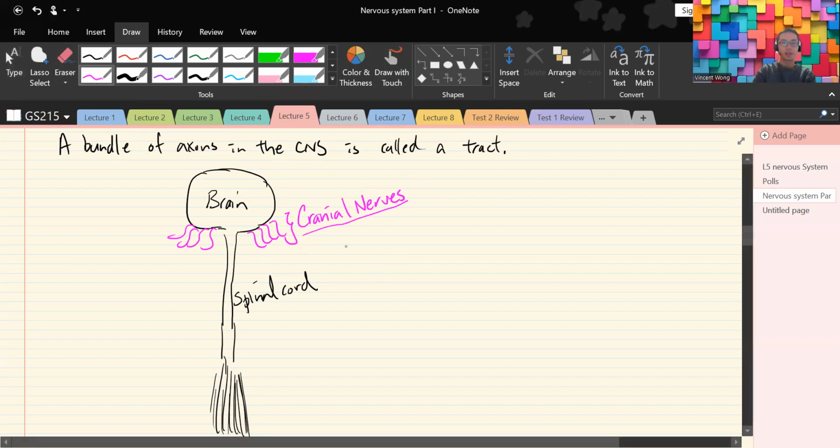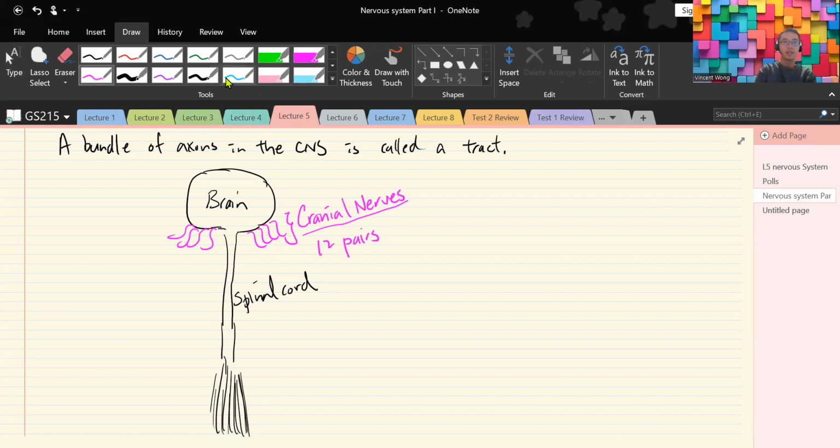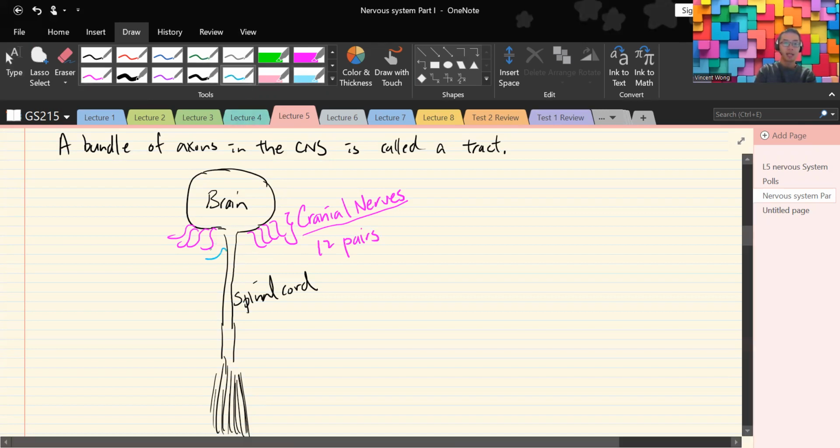That's right, 12 pairs. And if it's coming out from your spinal cord, then we call them spinal nerves, and we have 31 pairs.